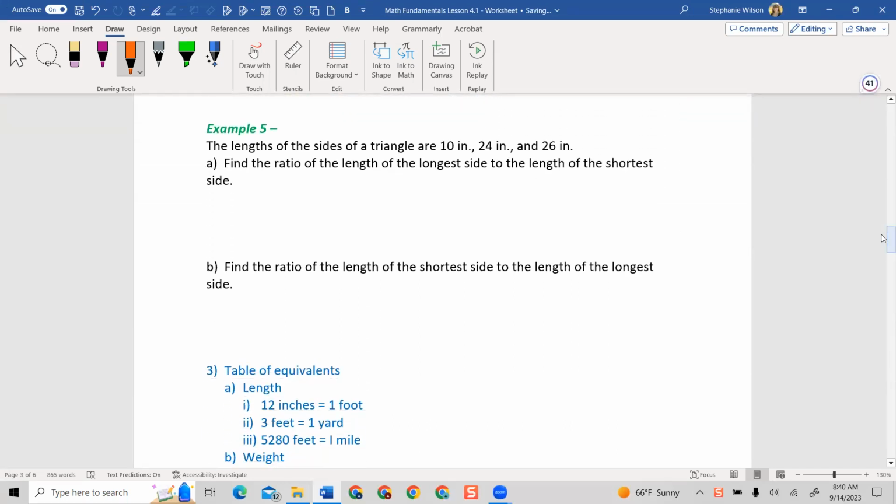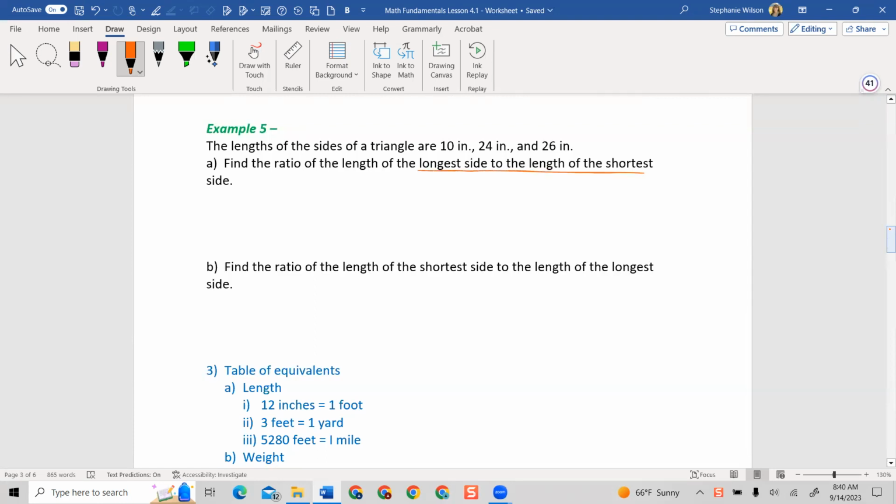Now, the lengths of the sides of a triangle. It says it's 10, 24, 26. So to find the ratio, it says find the ratio of the length of the longest side to the length of the shortest side. So it gave us the ratio they want us to use. They said the longest side to the shortest side.